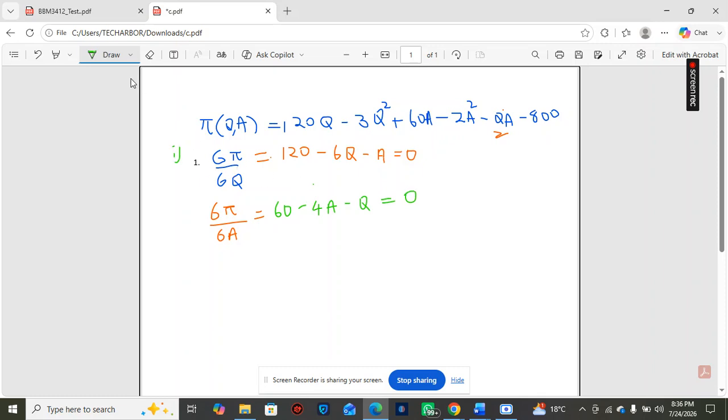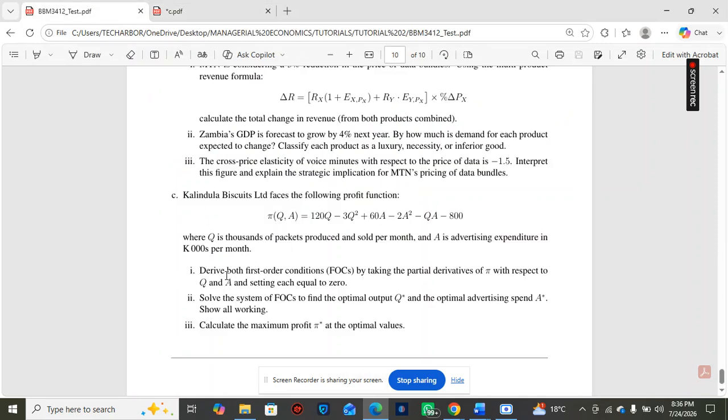Part 1 was to derive both first order conditions and set each of them equal to 0. Then part 2, solve the system of first order conditions to find the optimal output Q and the optimal advertising spending A. Show all your workings.